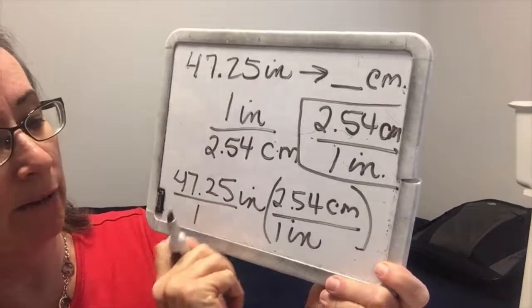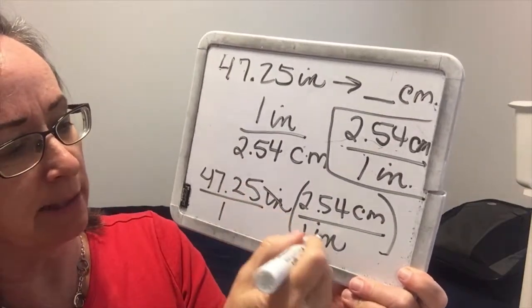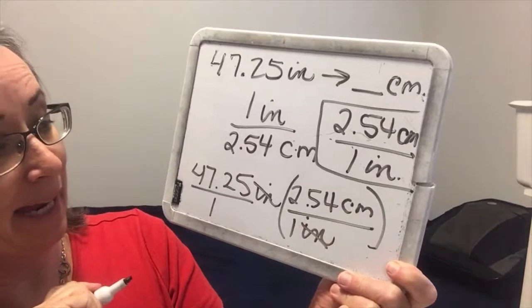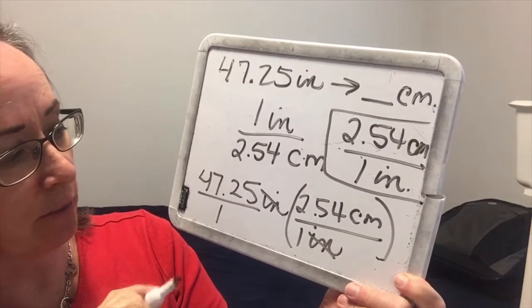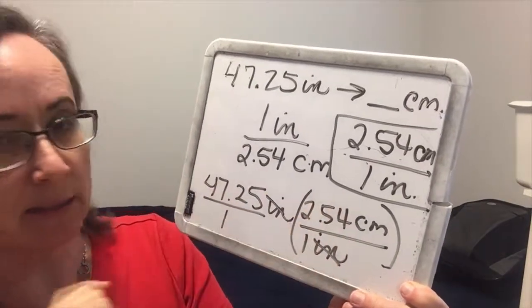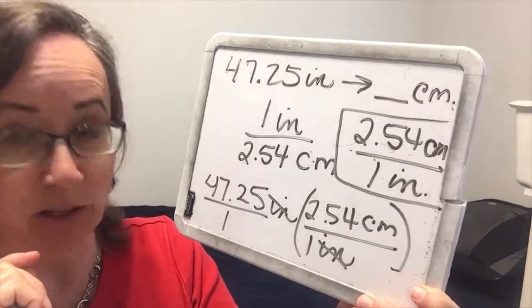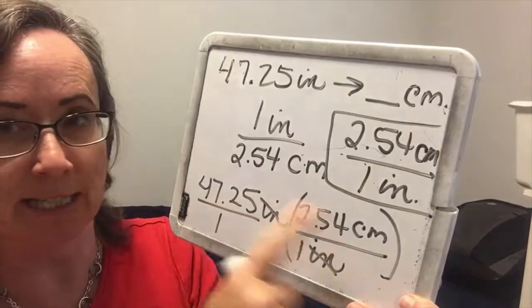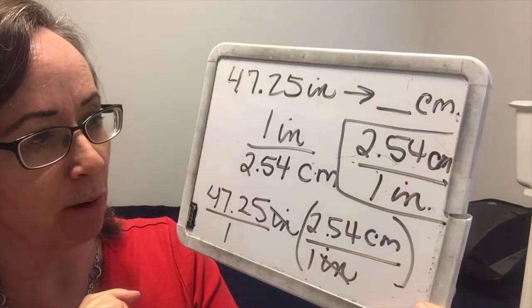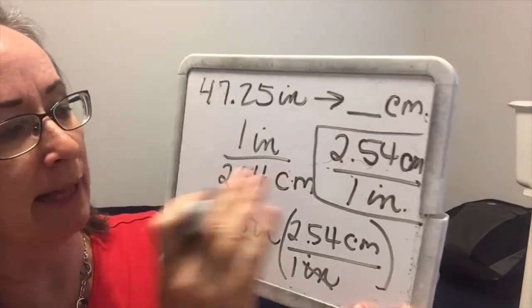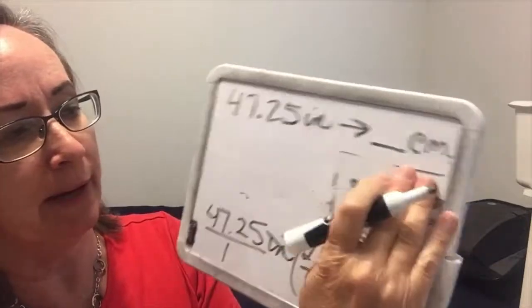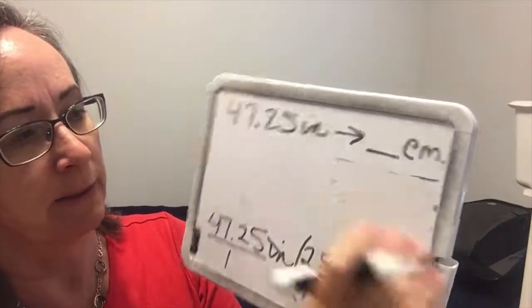Okay, so now can you see that my inches will cancel my inches? And my answer is just going to be this times this multiplied out. Okay, so the very nice way that your author does this is they just let you leave it as a product. So let's go ahead and put that in its finished form here, since we're done with that.